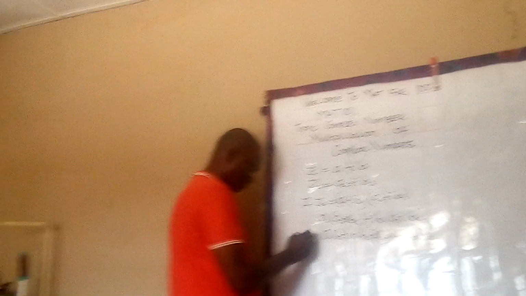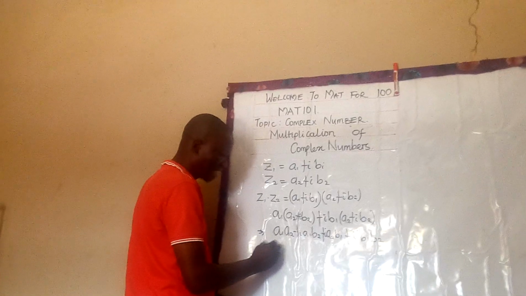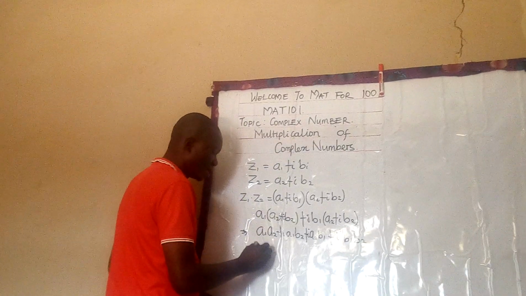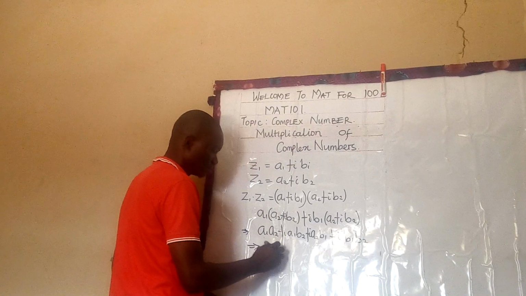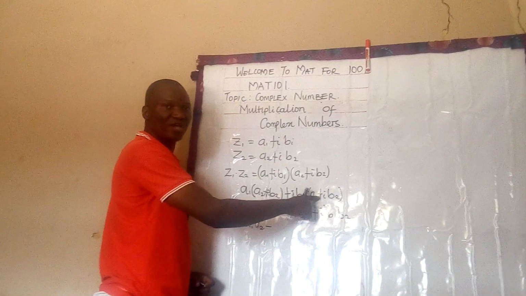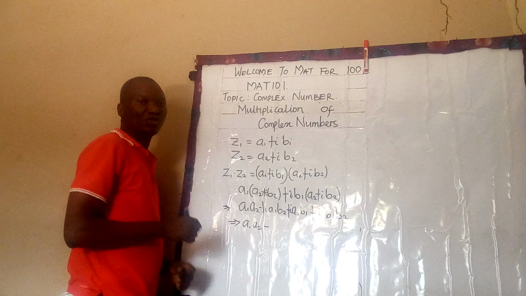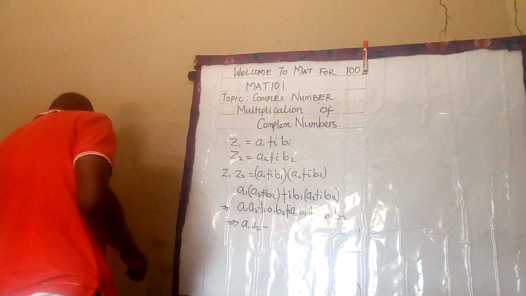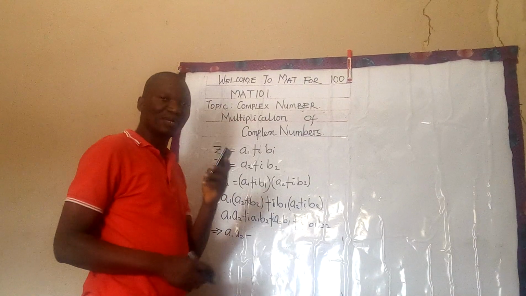No problem. Then the next implies that we have A1 A2 minus, why am I saying minus? i squared. If you remember in the first video, don't mind my China phone.